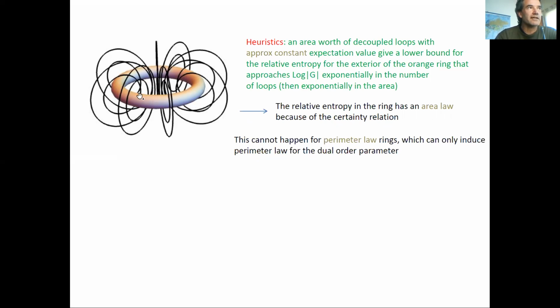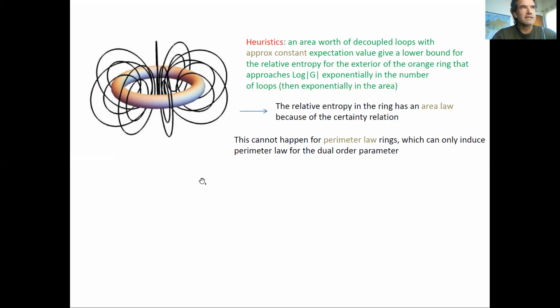So naturally, because of this certainty relation, it gives you a bound on the entropic order parameter for the orange region, which goes exponentially to 0, exponentially in the area enclosed by the ring. So this is how the constant law of these black rings and the area law of the orange ring are related in this context.